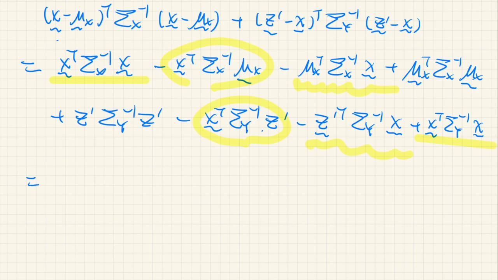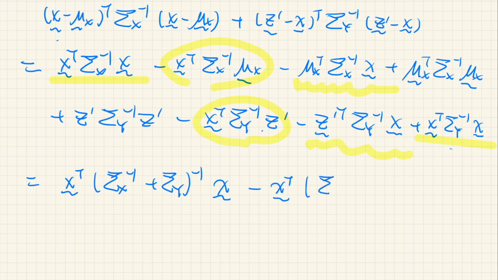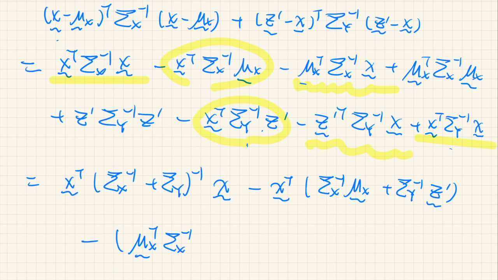Okay, so x transpose times sigma x inverse plus sigma y inverse times x, and x transpose sigma x inverse mu x and this one, sigma y inverse z prime, and minus mu x transpose sigma x inverse x and z prime transpose sigma y inverse x.